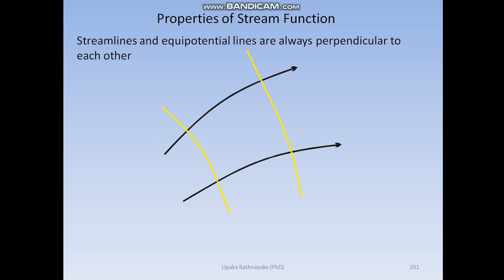Another property of streamlines is that they are perpendicular to equipotential lines. They produce curvilinear squares.